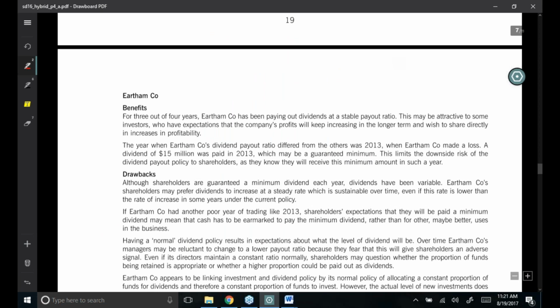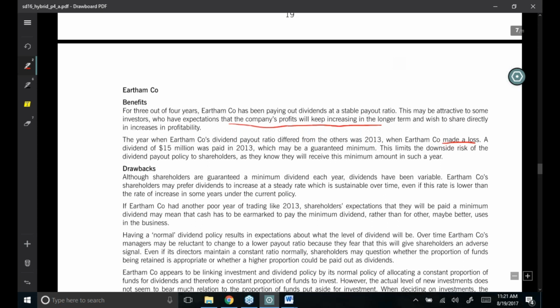For 3 out of the 4 years, the company has been paying out dividends at a stable payout ratio. This may be attractive to some shareholders who expect that company profit will keep increasing. The year when the payout ratio differed from the others was 2013, in which the company made a loss, and even then the company paid 15 million.